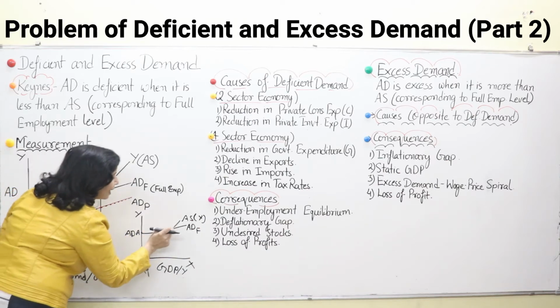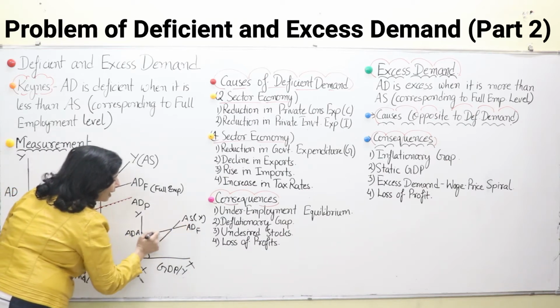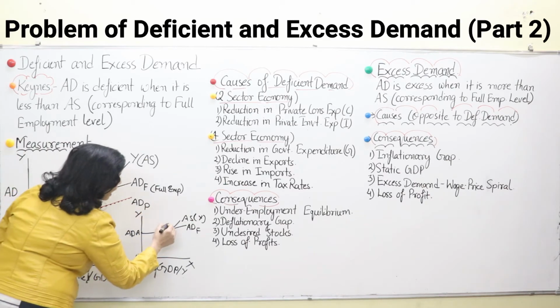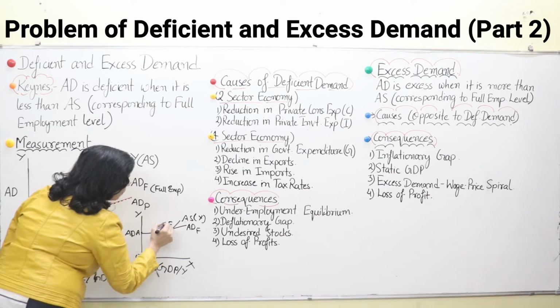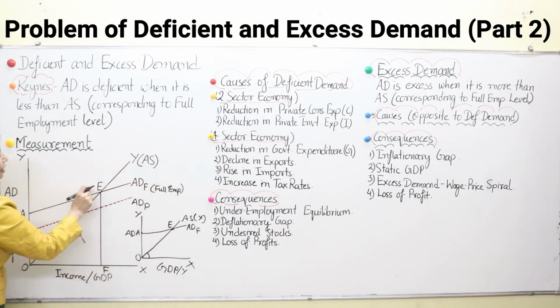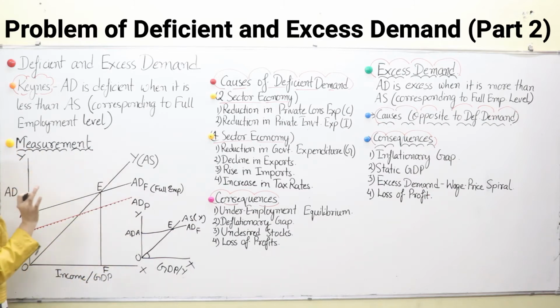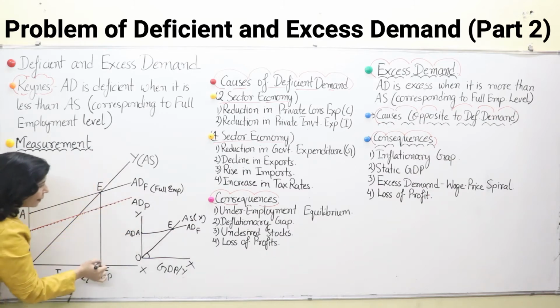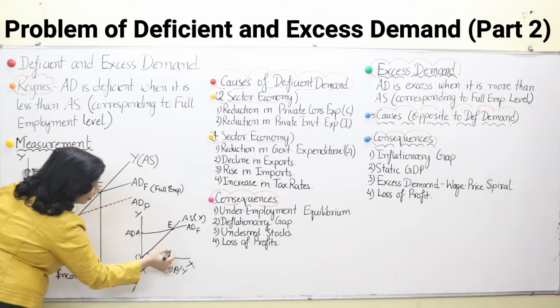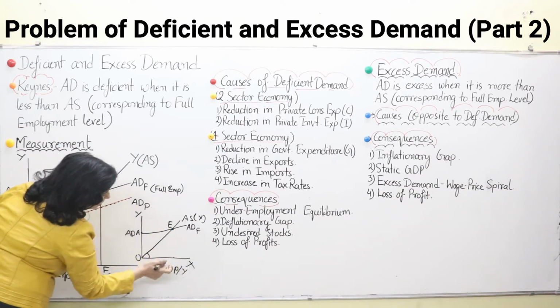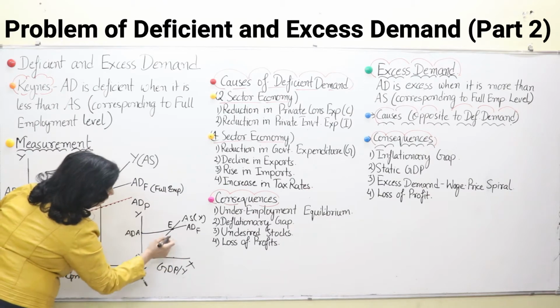Now, this is the intersection point of aggregate supply and aggregate demand, that is, supply and demand of the whole economy. Here we name this point E. From this intersection point, you can drop a perpendicular that touches your OX axis, the GDP or income axis.